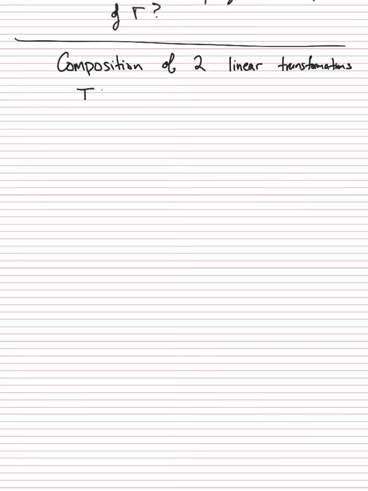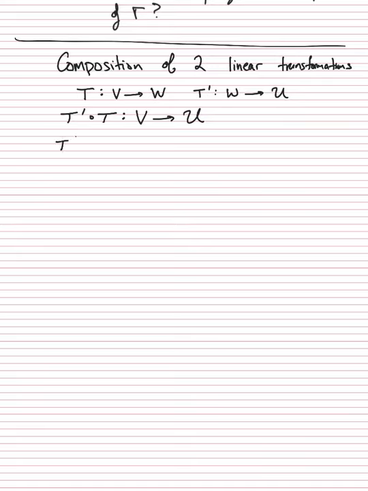So we have T, which goes from V to W. We need T prime, which goes from W to U. We can compose them. So we get T prime composed with T. This goes from V to U. And you can check that this is certainly going to be a linear transformation, right?